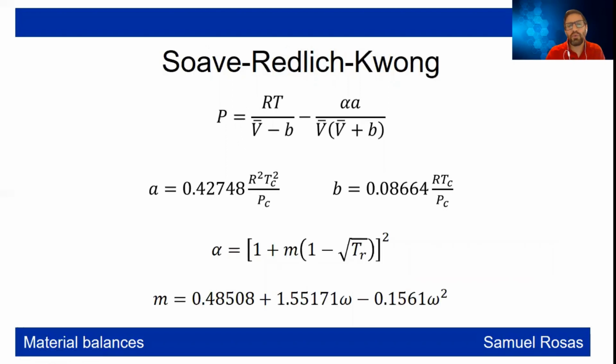And then afterwards, Soave was working with Redlich-Kwong, so he did another equation. He introduced a parameter which is alpha. In this equation, A and B are these expressions, but alpha depends on the square root of the reduced temperature, once again the temperature over the critical temperature, but it also introduced the eccentric factor omega, okay?